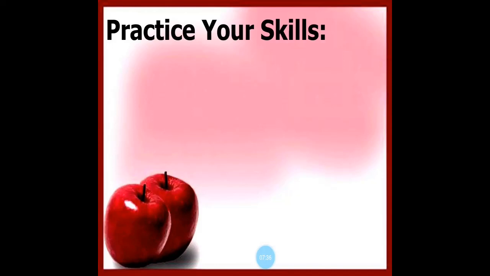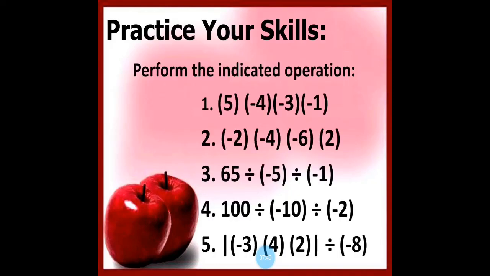Practice your skills. Let's practice your skills. Perform the indicated operation. So this is multiplying and dividing more than 2 integers. Always remember: if the number of negative numbers is odd, then the product is negative.